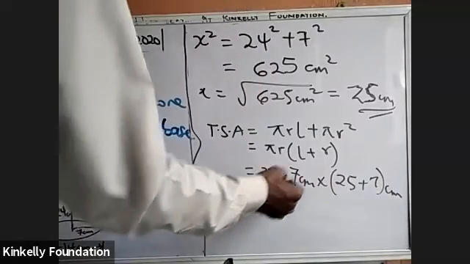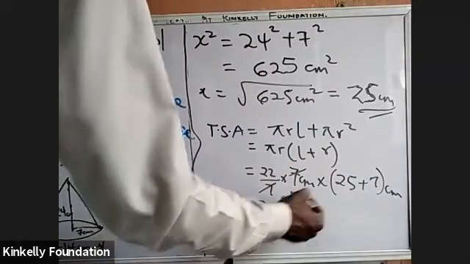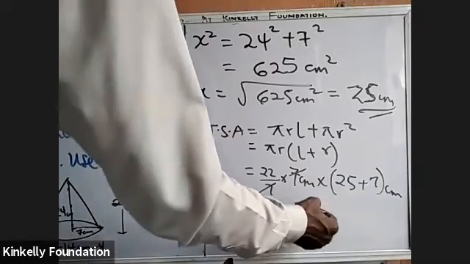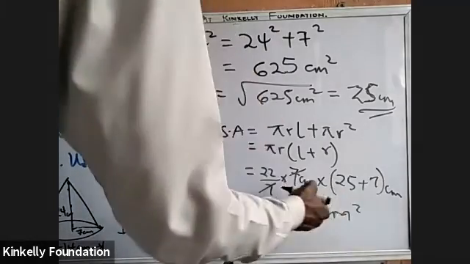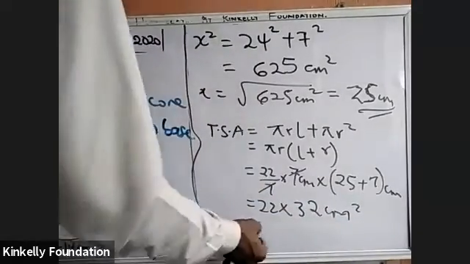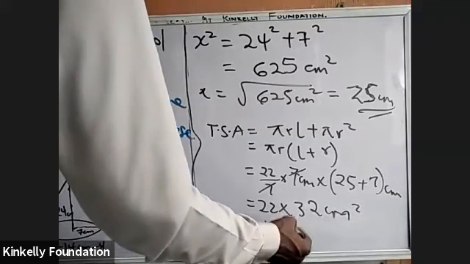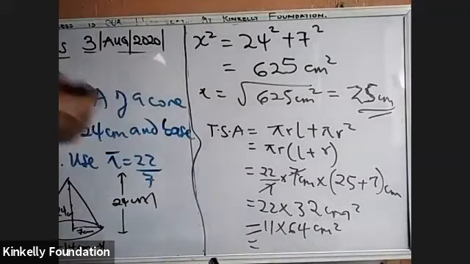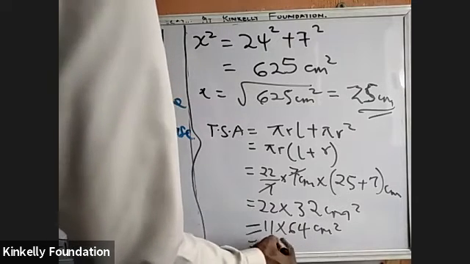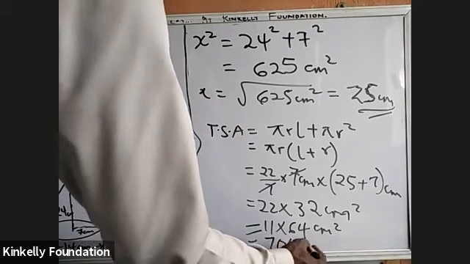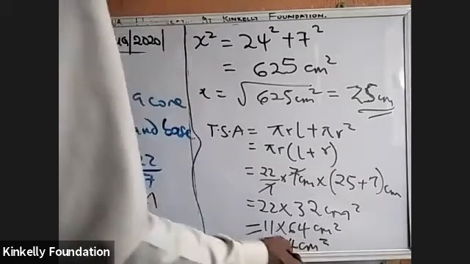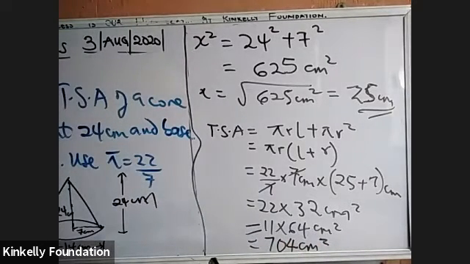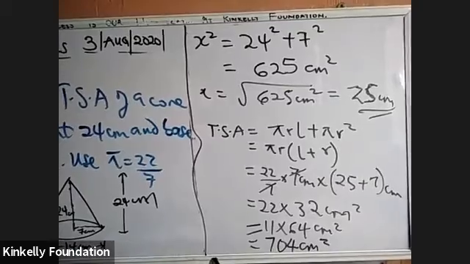So this goes with this one, 22 times 32 cm squared, because this time it is cm squared. Now this is 11 times 64 cm squared, to give us 704 cm squared. This will be the total surface area of that shape.